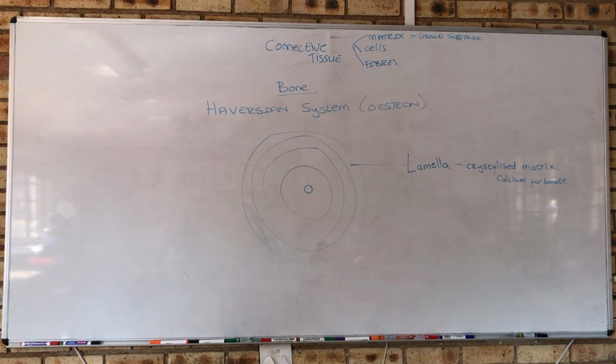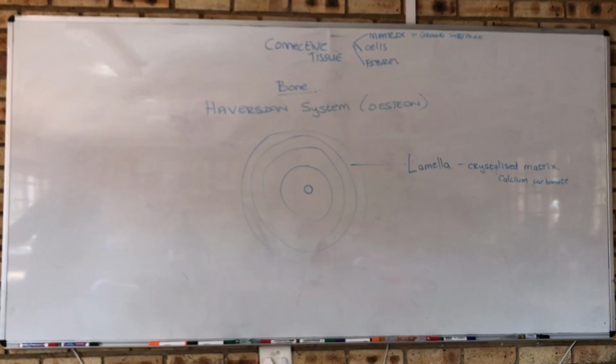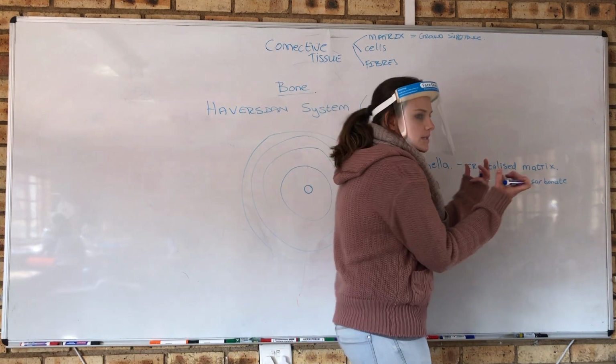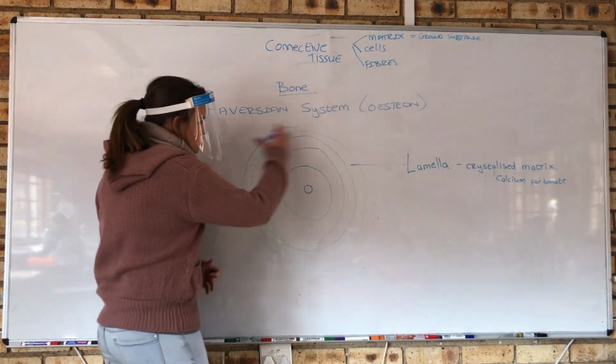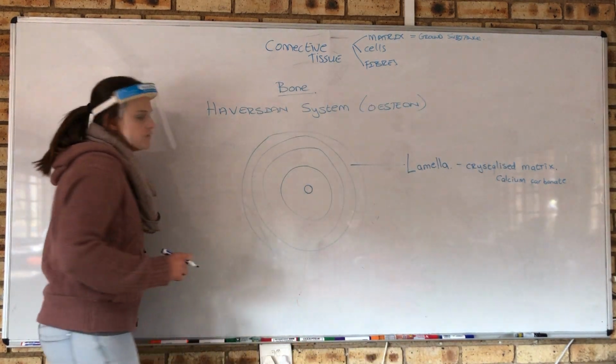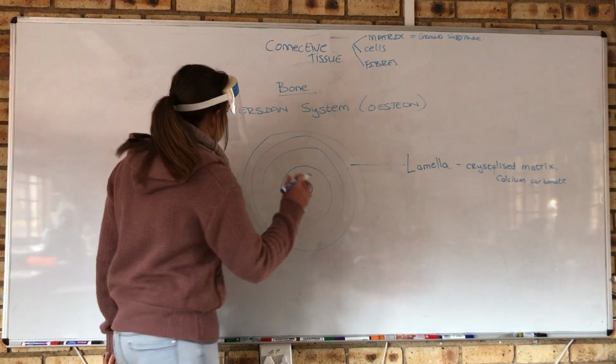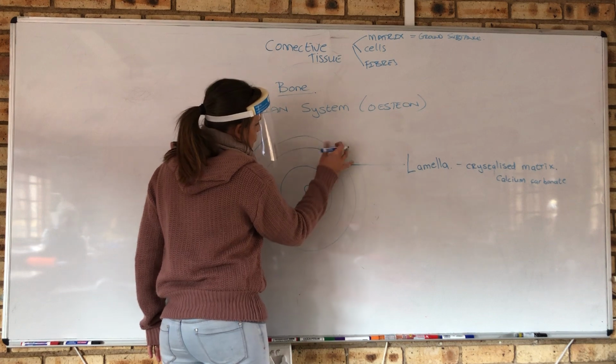Is calcium phosphate? Yes? Okay. Calcium carbonate basically allows this crystallization of our matrix. So you've got these rings, concentric rings of crystallized matrix. Any questions yet? Yes? Are we all happy? Let's just make this ring nicer.